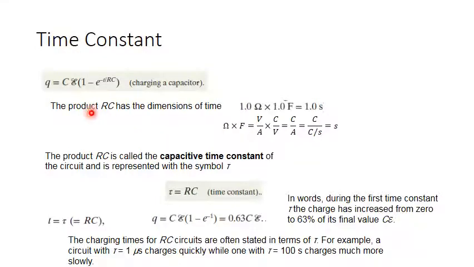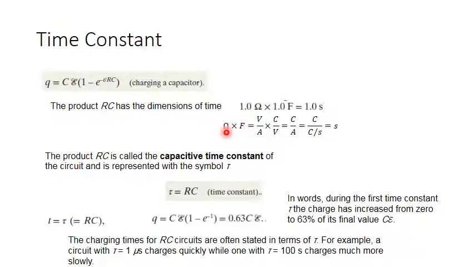How come? This resistance and this capacitance. Alright? The unit of the resistance is ohm, and it comes from volt over ampere. Okay? And the unit of the capacitor is farad, and it comes from coulomb per volt.